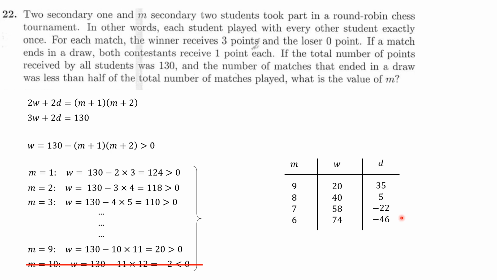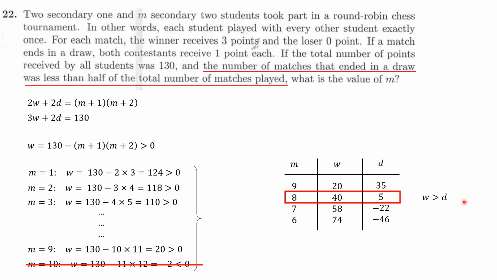Now let's look at what the question is saying. The key sentence is one of the last sentences, where it says the number of matches that ended in a draw was less than half of the total number of matches played. In other words, the number of draws has to be less than the number of winning games, right?